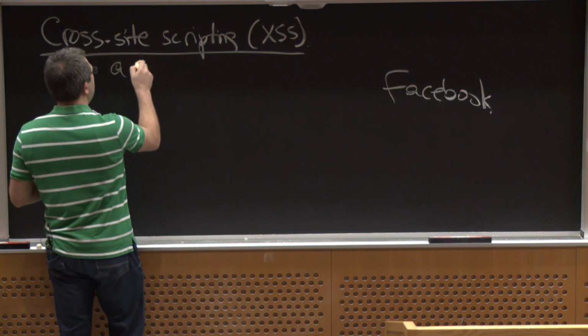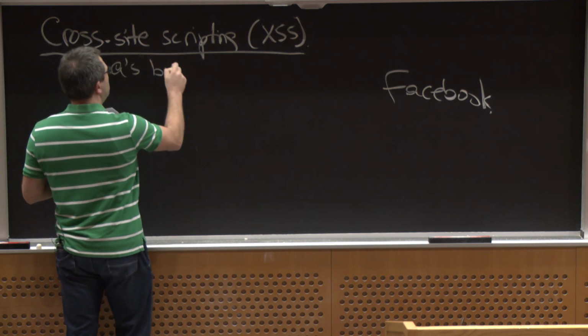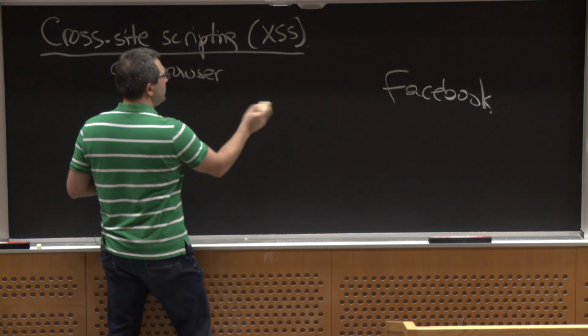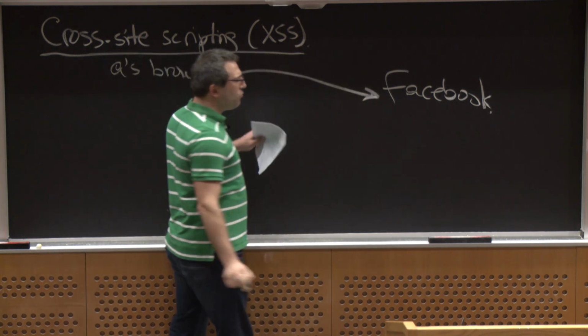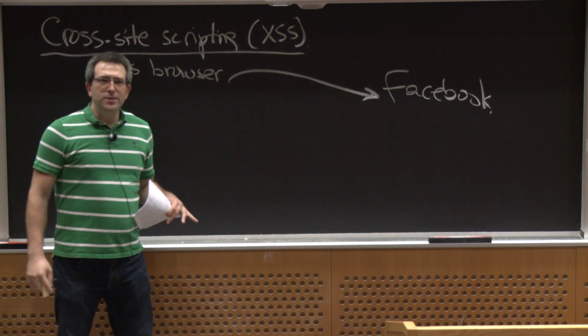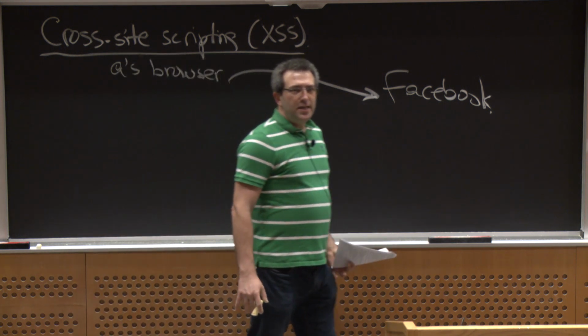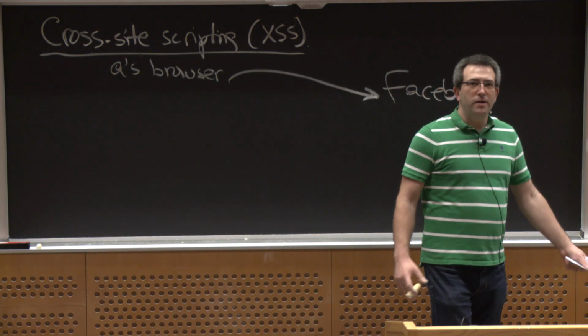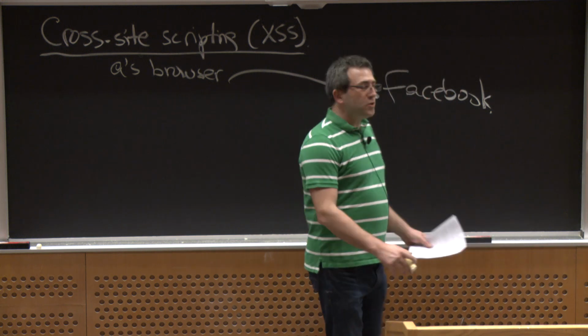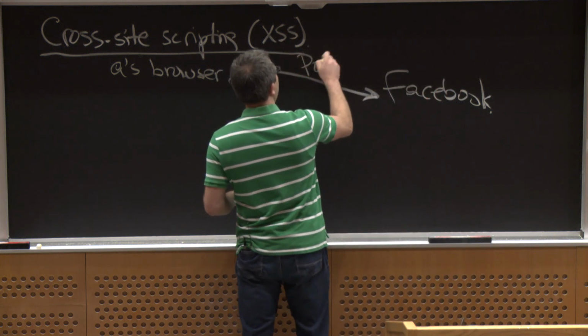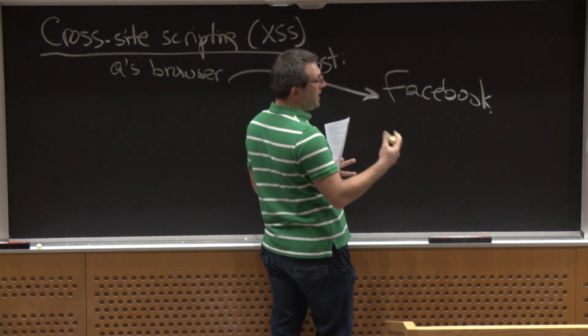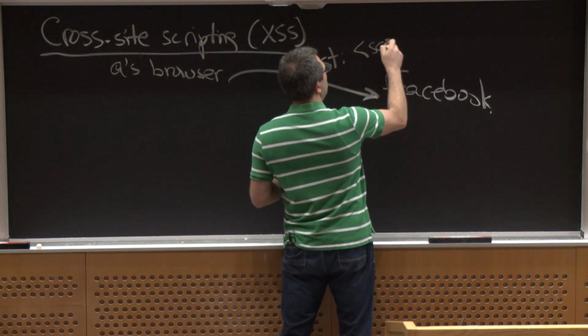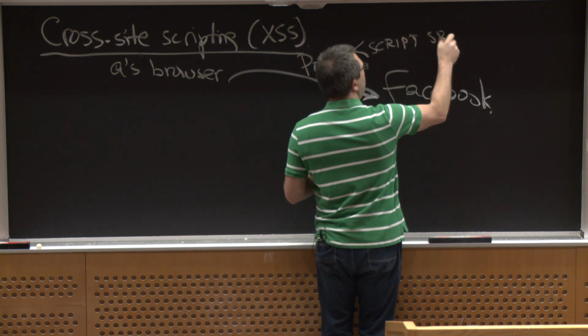So what's going to happen is that the attacker's browser is going to send some request to Facebook. In order for this attack to work out, the website is going to have to share data between users, so like posts in Facebook. So this user might post an article to Facebook whose contents or text is script source something.